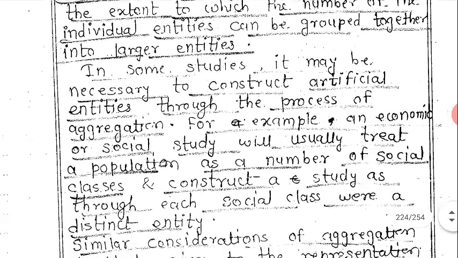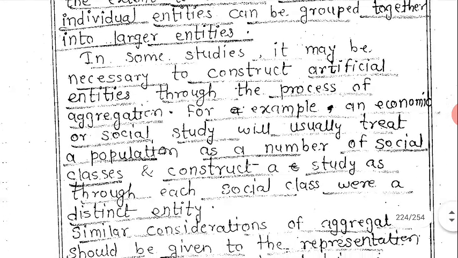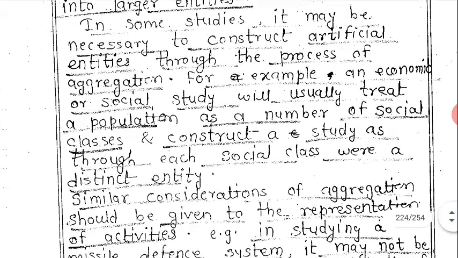In some studies it may be necessary to construct artificial entities, that is, we make a group of entities and name it a new artificial entity through the process of aggregation. This process forms new entities to make the work simpler.